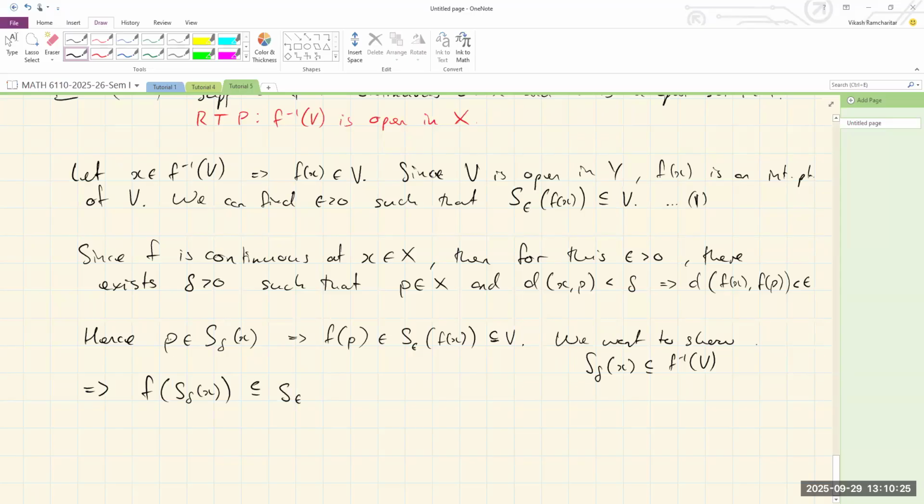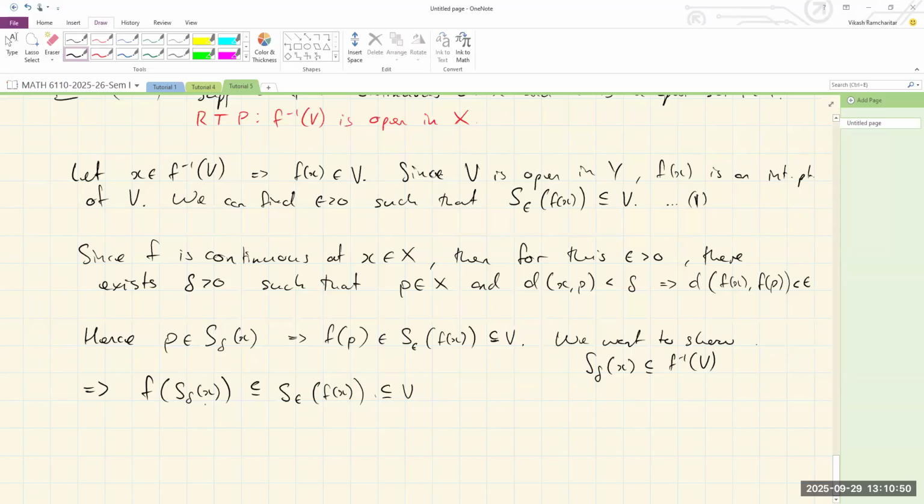Because if every value within this sphere has its corresponding function value within the epsilon sphere, then if I apply f to this entire set, that's going to end up inside of this sphere. That's what I want to show. And of course, this sphere is within V.